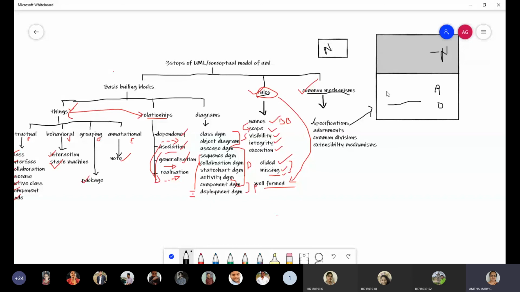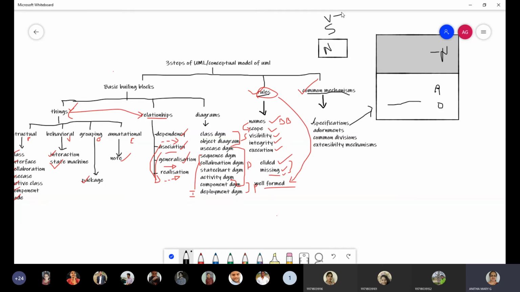But when we go into the details, each one can be specified. So we use graphical notation to visualize a system. You can make a note of this point: we use UML graphical notation to visualize, but we use specification to state the system details. So here they are talking about visualization and specification.